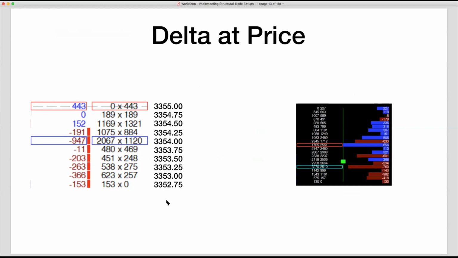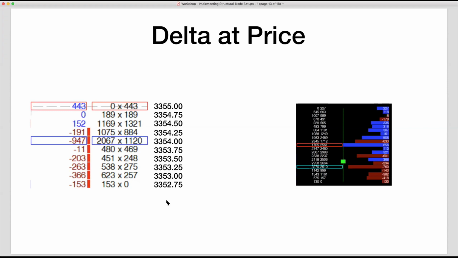At the very bottom, 0 minus 153 is negative 153. So I have got a column of values listing the delta, the net of the aggressive buying and selling at each price level. So this allows me to see what was the result of the battle around a given price. So I can understand, for any given price, was there more net buying or more net selling?